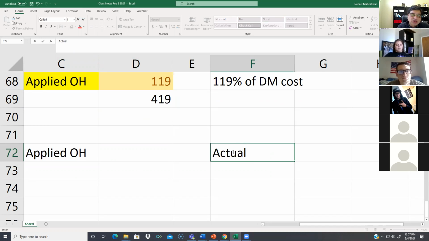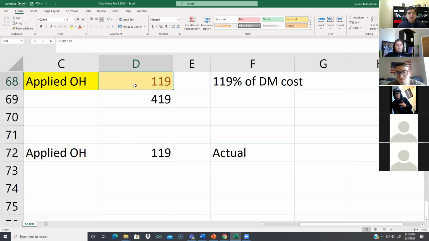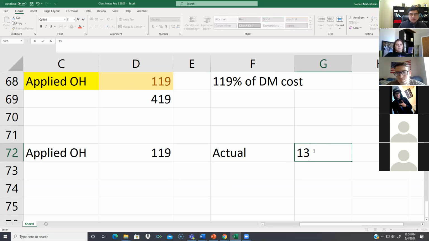So that's why we use that applied overhead, which is based upon our previous history of spending or expenses. So in this case, your applied overhead is say 119,000. I just picked up this number. Suppose your actual overheads are 130,000.